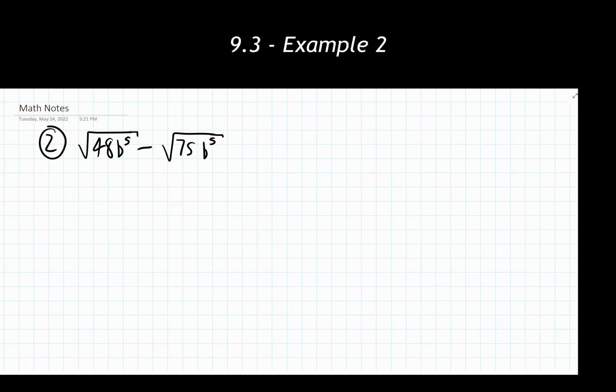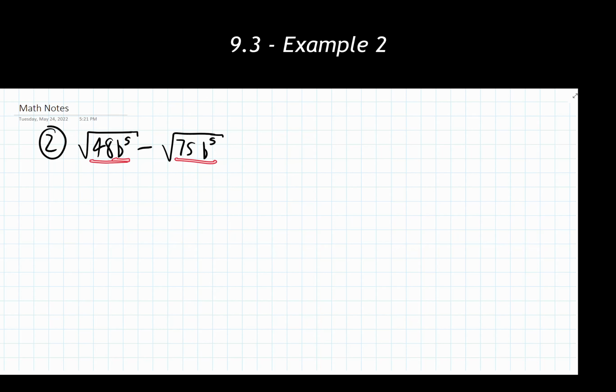In our second example, we have just two things that are adding and subtracting together here. I'm always looking at the index and the radicand first to see whether or not I can add or subtract anything together. It turns out that the indexes of both of these things are the same, and the radicands are kind of similar.